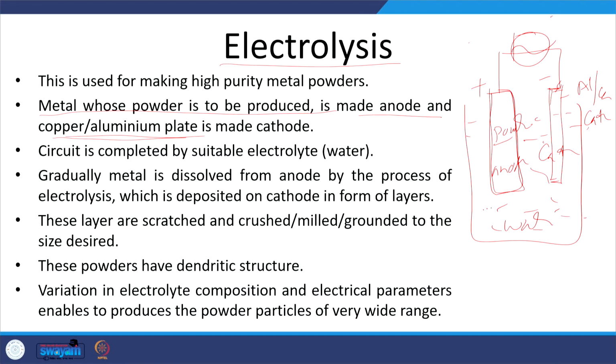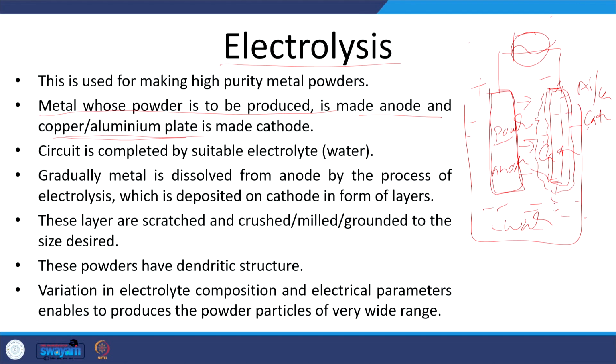Once the circuit is completed, the electrolysis will start. When the electrolysis starts, the material from the anode is dissolved and starts getting deposited over the surface of the cathode.